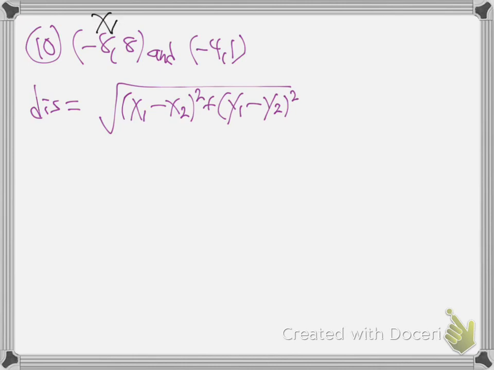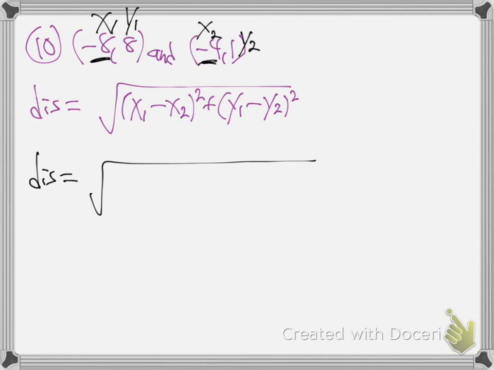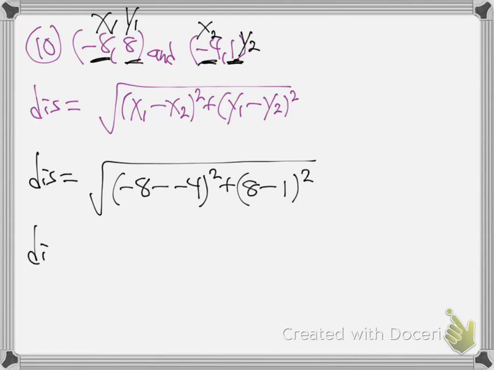So this is x1, y1, x2, y2. So the distance is the square root of x1 minus x2 squared plus y1 minus y2 squared.